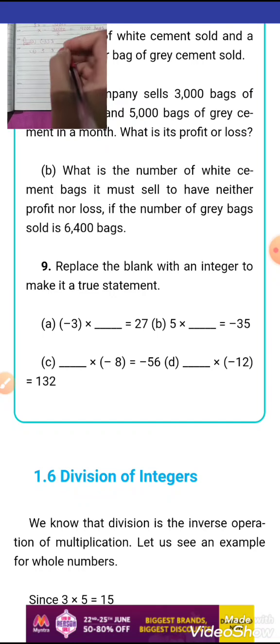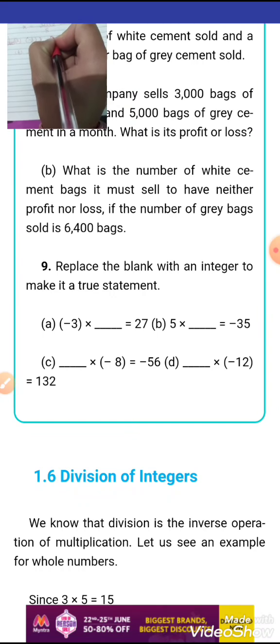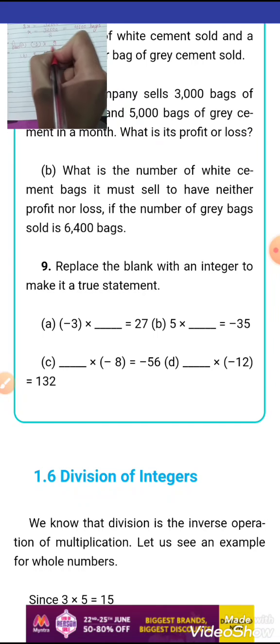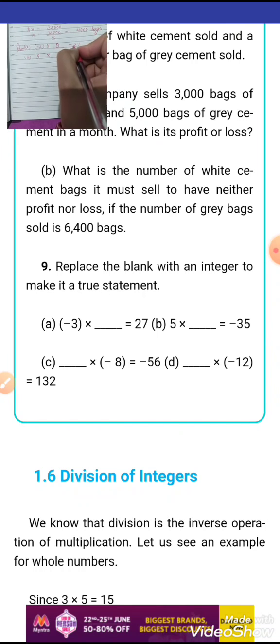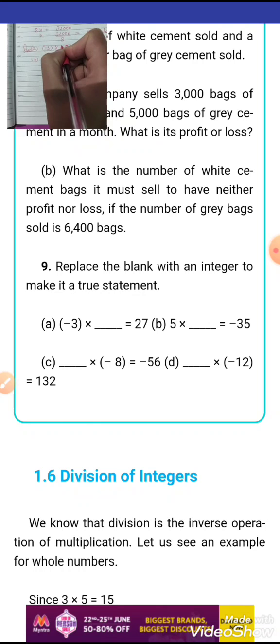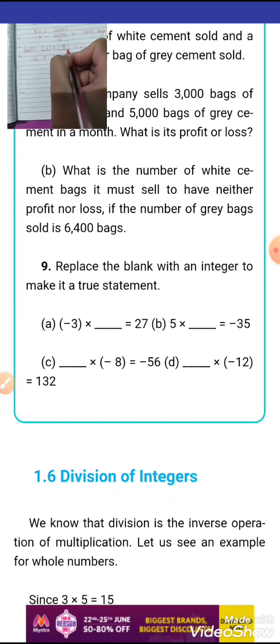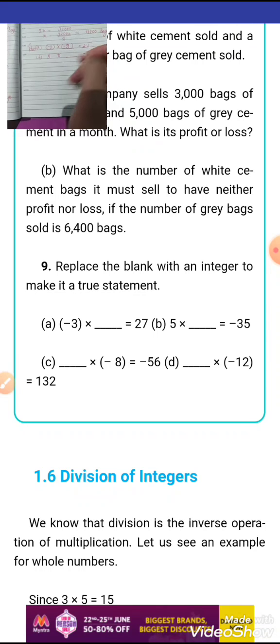As we all know, 3 nines are 27. So if we multiply minus 3 by 9, our answer becomes minus 27. For making this answer positive, we have to put a minus sign here. So when we multiply minus 3 by minus 9, we get 27.